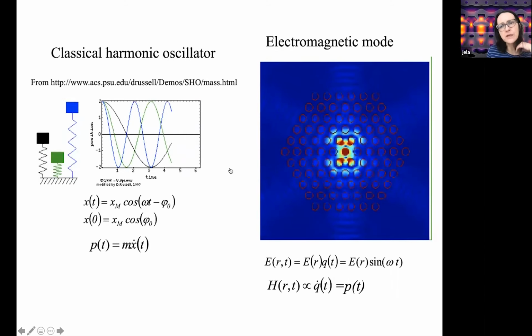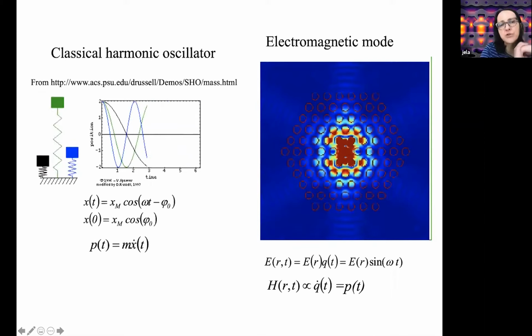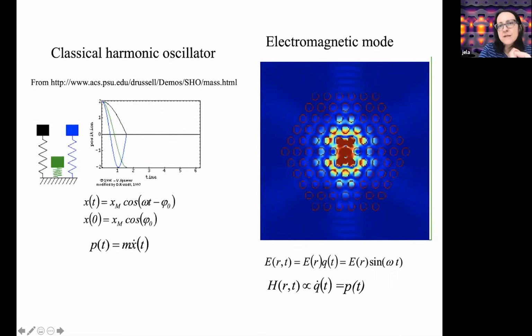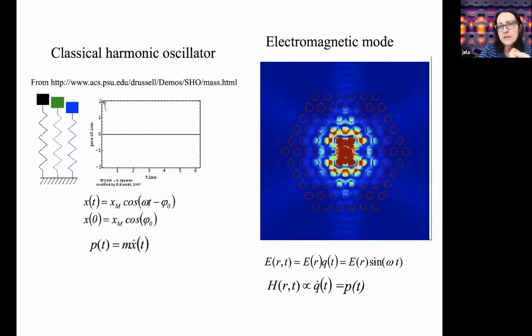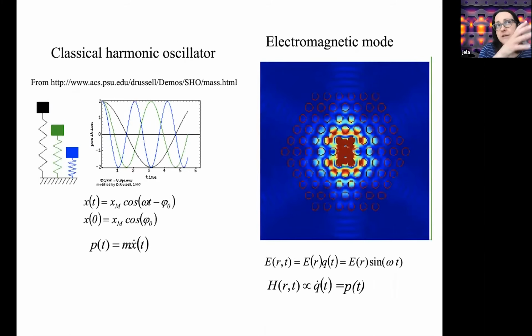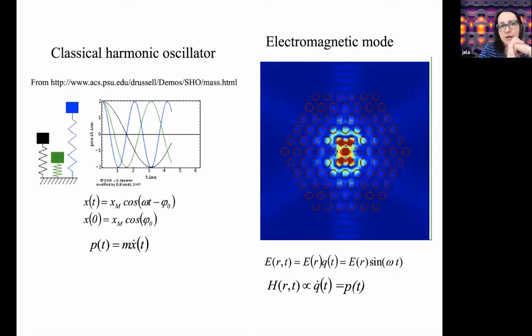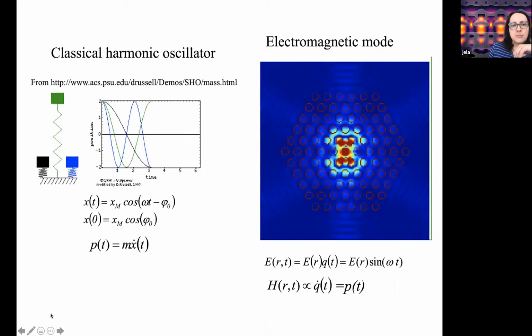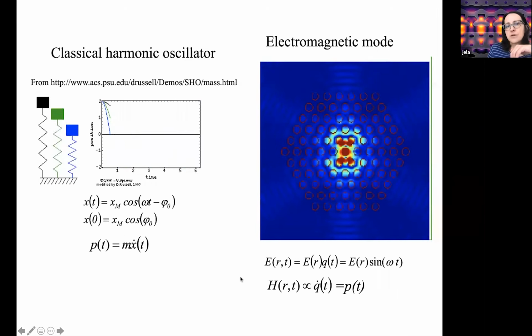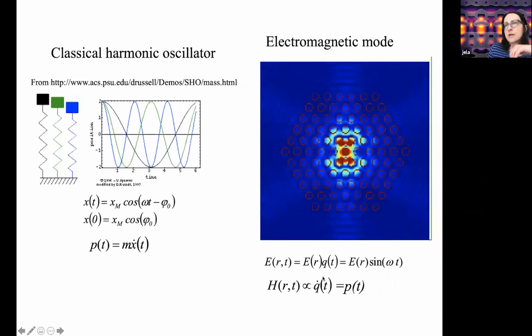And if you look at these two pictures, you can already draw analogy between classical harmonic oscillator and electromagnetic field in a resonator. Basically, position and momentum that you have in case of a classical harmonic oscillator are pretty much analogous to electric and magnetic field in a resonator.